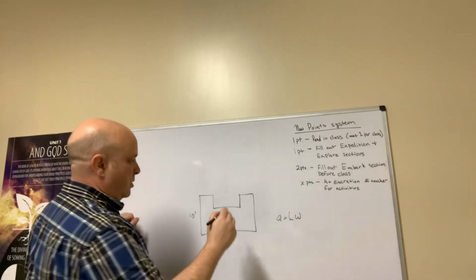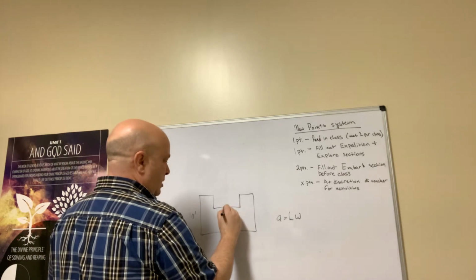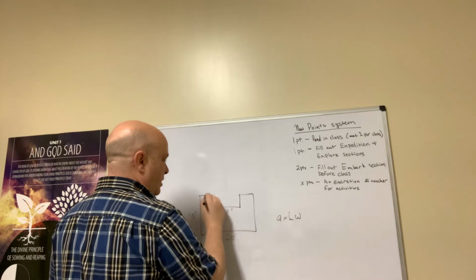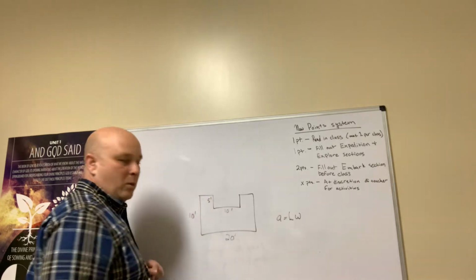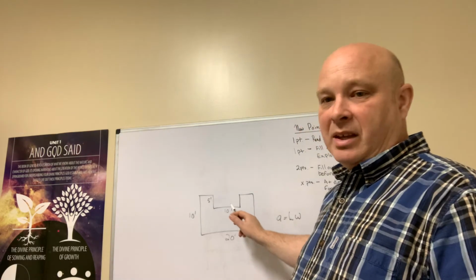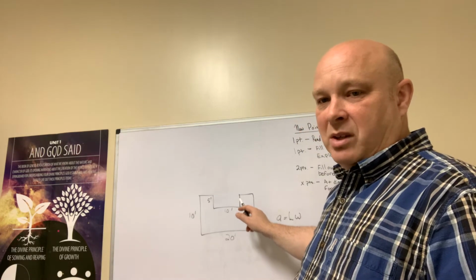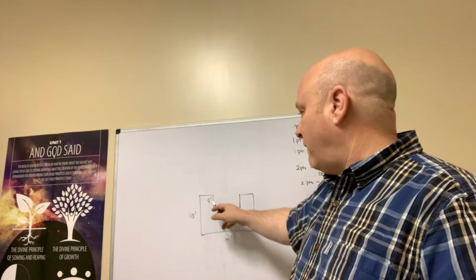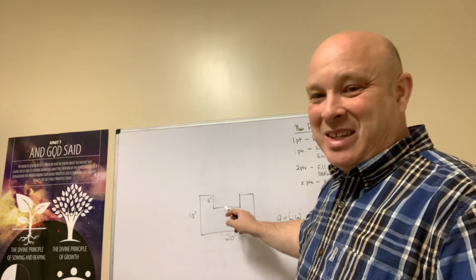And then we know that this is 10 feet and this is 5 feet. Well, what do I have to do? I have to calculate the area of the missing area, okay? This missing space, so I've got a 10 by 5 space that's cut out. Well, that's 50 square feet.